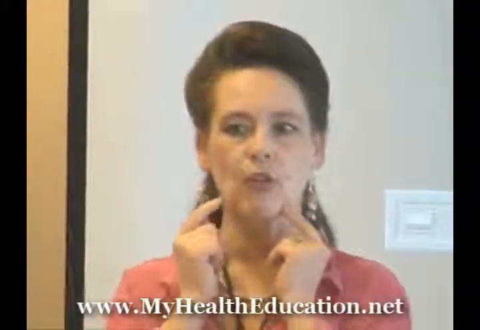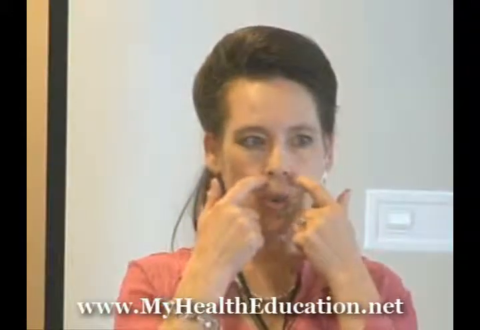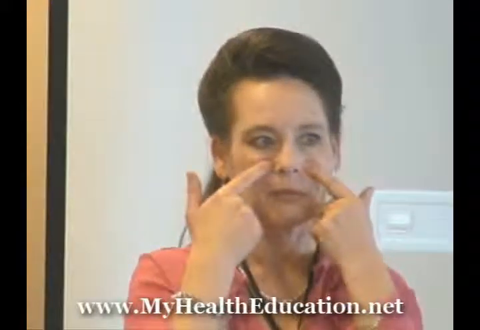Okay, next pair of points, it's right over here. It's 1/2 inch away from your nostrils, and 1/2 inch up, or about a centimeter to the side, centimeter up. Also a little sensitive pair of points, try it.